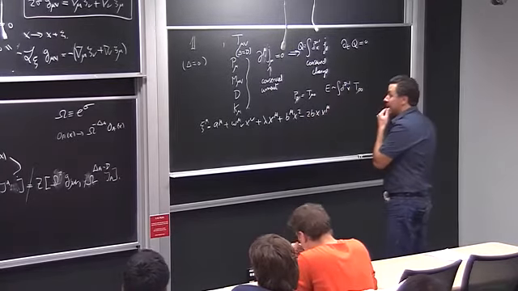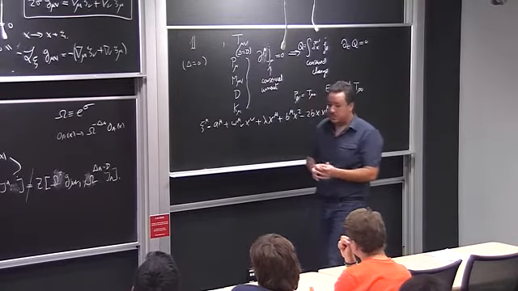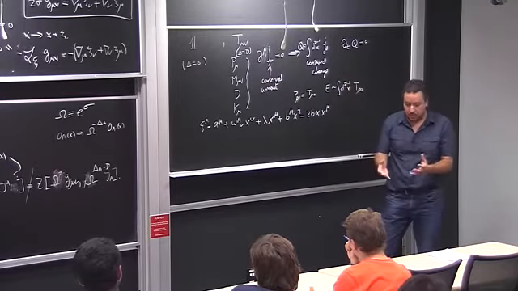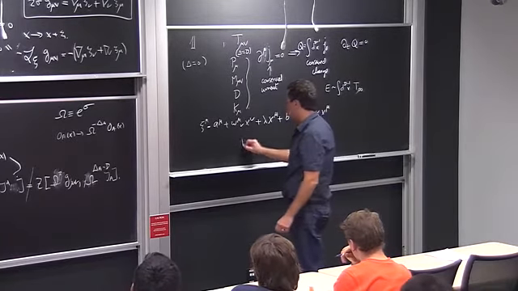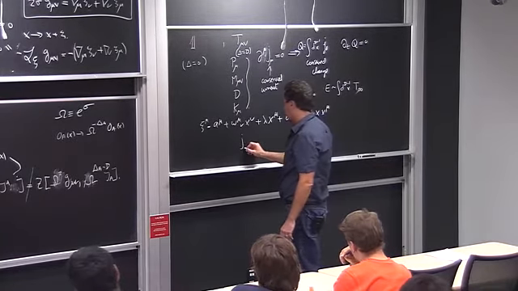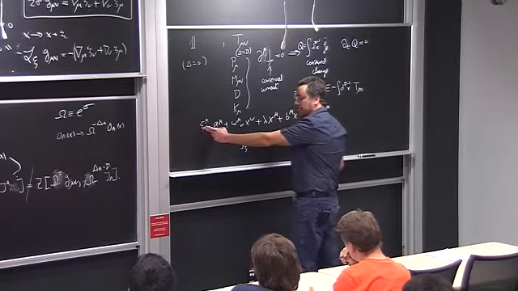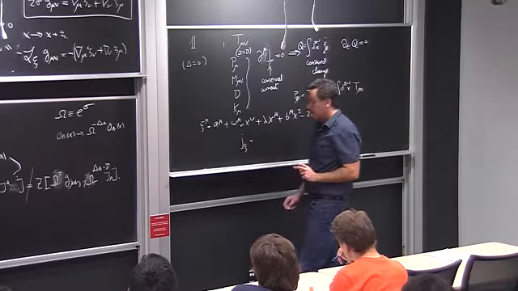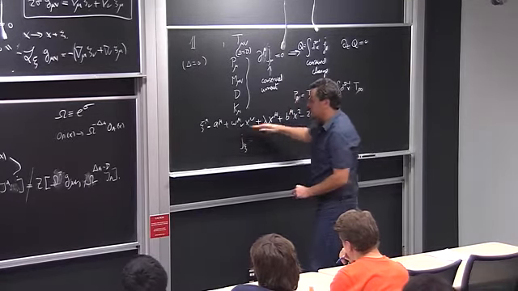Now the stress tensor is a basic object that has to do with space-time transformations. So you can ask, how do I construct the conserved current associated to this transformation?